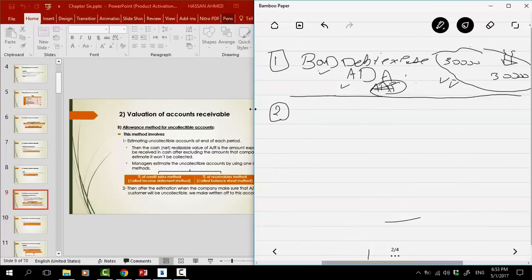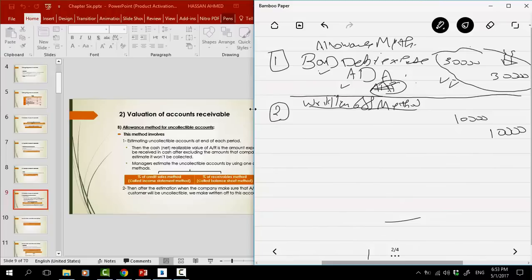if $10,000 will be written off, all this is under which method? Under the allowance method, not the direct write-off method.